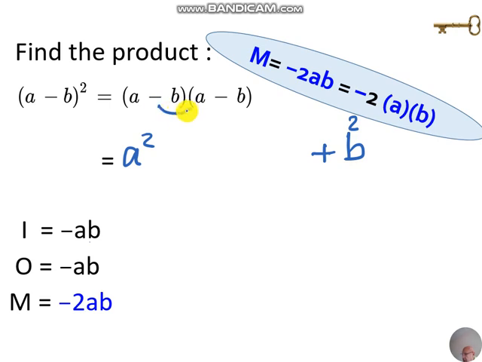The inner product is negative ab and the outer product is negative ab. If I combine them, I get negative 2ab, because the coefficient here is 1. The middle term is negative, the first times the second, multiplied by 2.